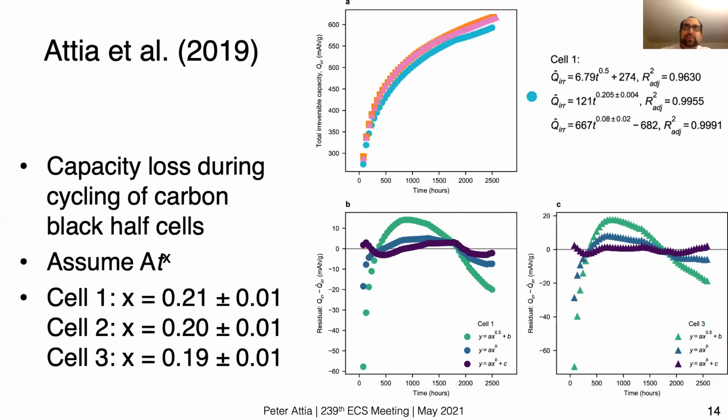Okay, this is a data set from a paper I wrote around 2 years ago or so. This is looking at capacity loss during cycling of carbon black half cells. The reason for carbon black is it's a high surface area carbon material, so it grows a lot of SEI. So in theory, it's easier to measure the SEI. That said, of course, there could be some differences with graphite, so that's one thing to keep in mind when looking at this data.